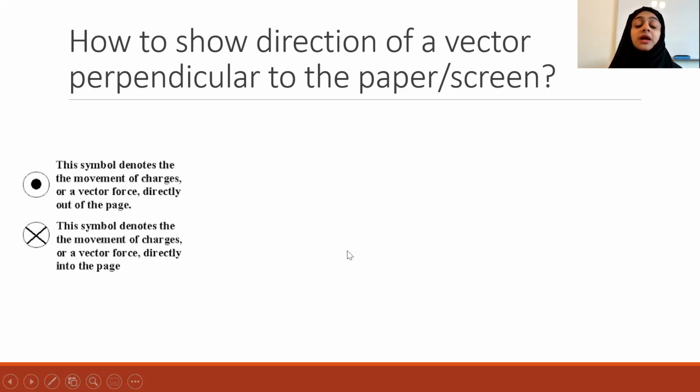Then it means that the field is going into the paper. You can compare that to the case of a screw which is moving into the paper. If it is going into the paper, we will see its backside, which will be a cross, right? So this is the symbol we usually use in physics.